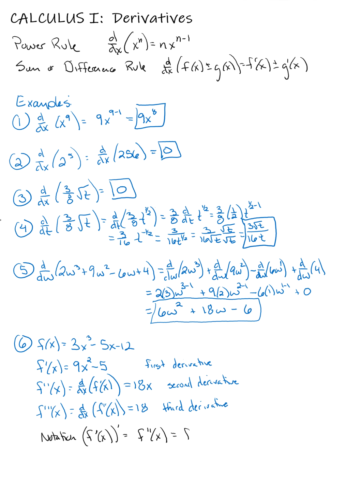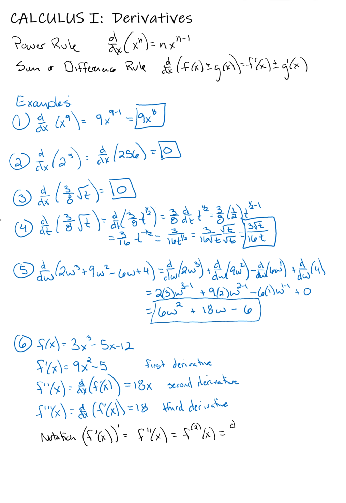Another way of writing this, if it gets too much for the little prime marks, we'll use the number in parentheses. We do that so that it doesn't get mixed up with an exponent of 2. So this is saying, oh, it's a derivative. If you see what looks like an exponent in parentheses, that means it's a derivative.